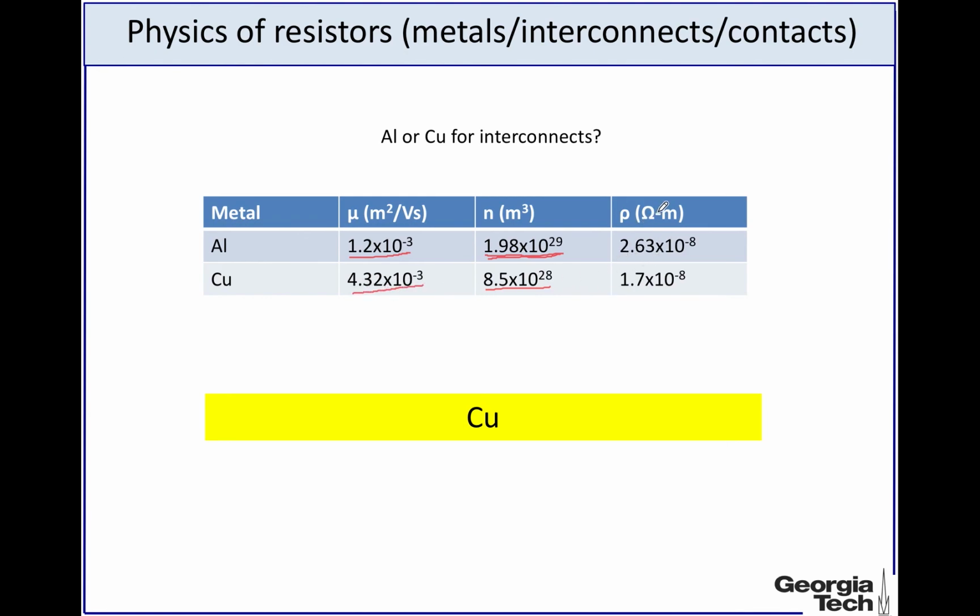As a result, the resistivity of aluminum is almost twice that of copper. In other words, aluminum has a higher resistivity than copper, or a lower conductivity than copper, and as a result you would want to use copper in interconnects compared to aluminum.